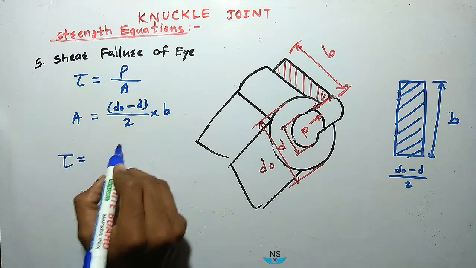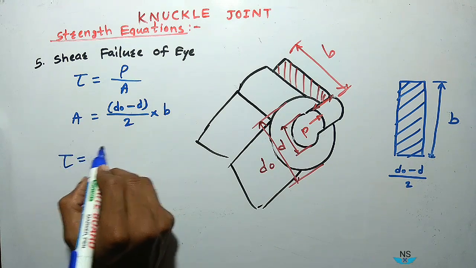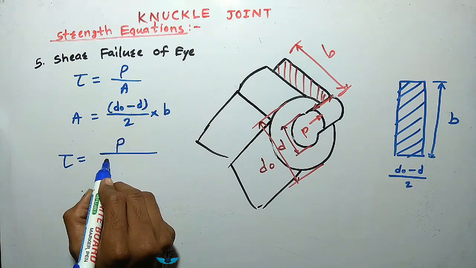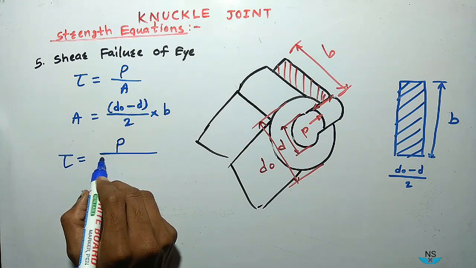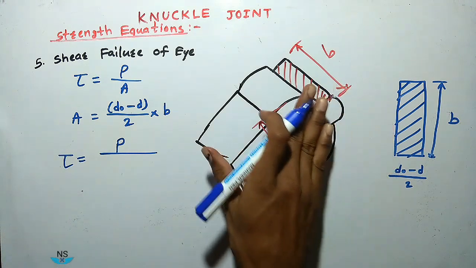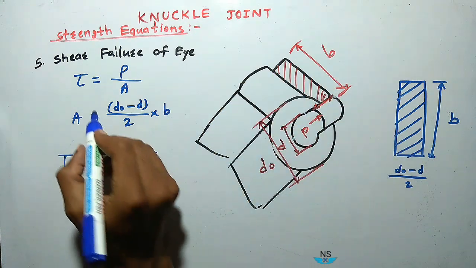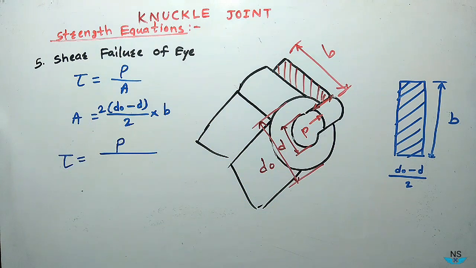Now strength equation is tau is equal to P divided by D naught. Now this will take place on two sides. This is one side, at the bottom second side. So 2 times area. So 2 cancel.